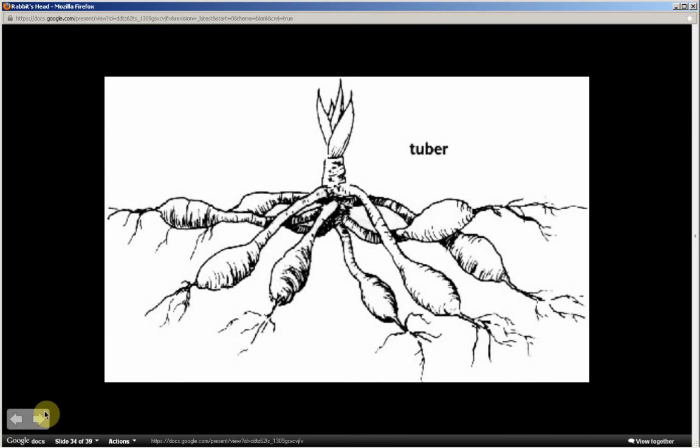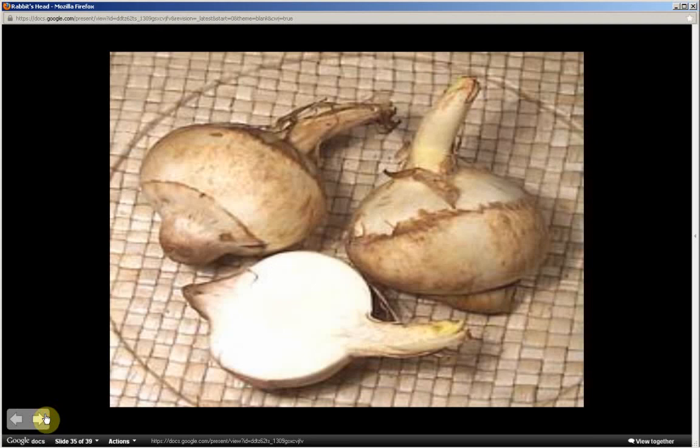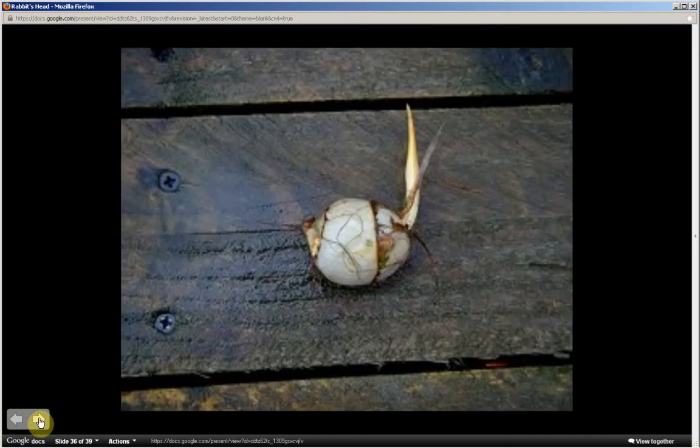This picture shows us an example of tubers. And this is a picture of some of the actual tubers of the rabbit's head plant. Now they could be up to 2 inches long.